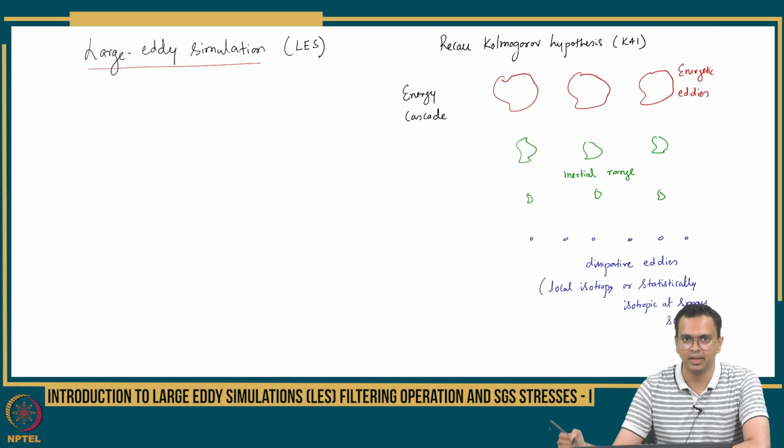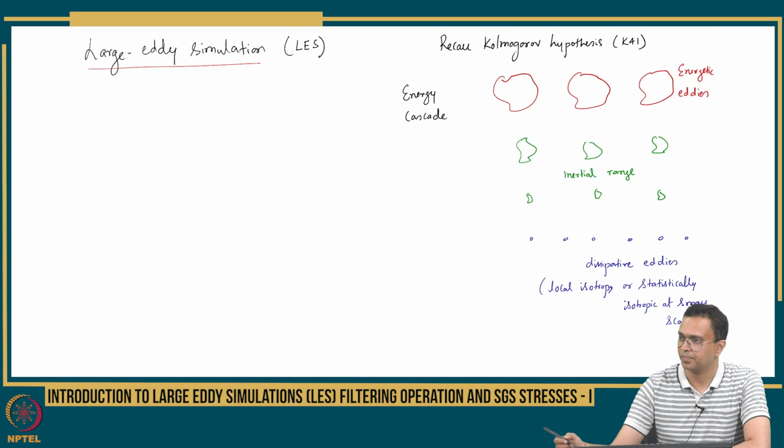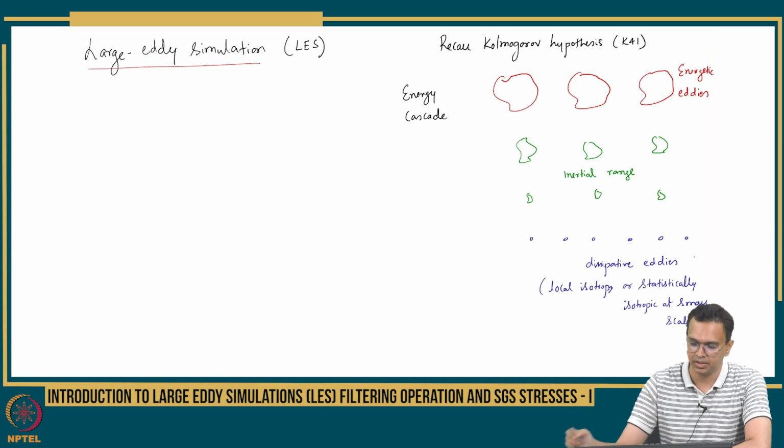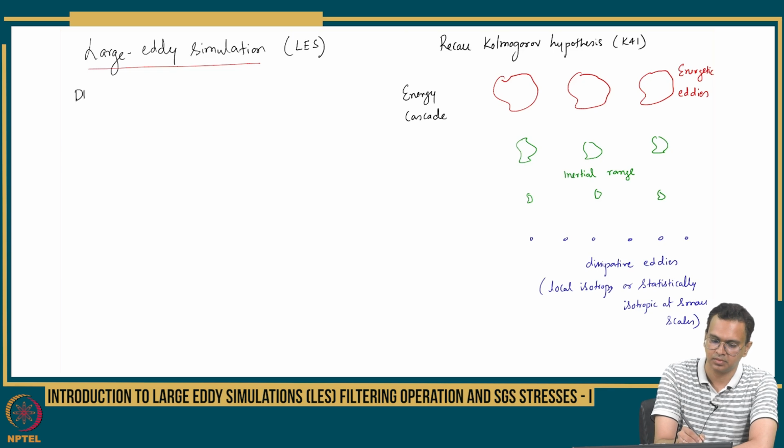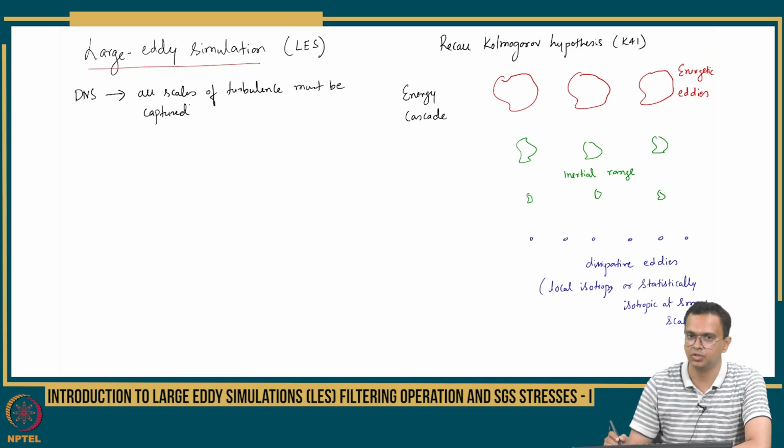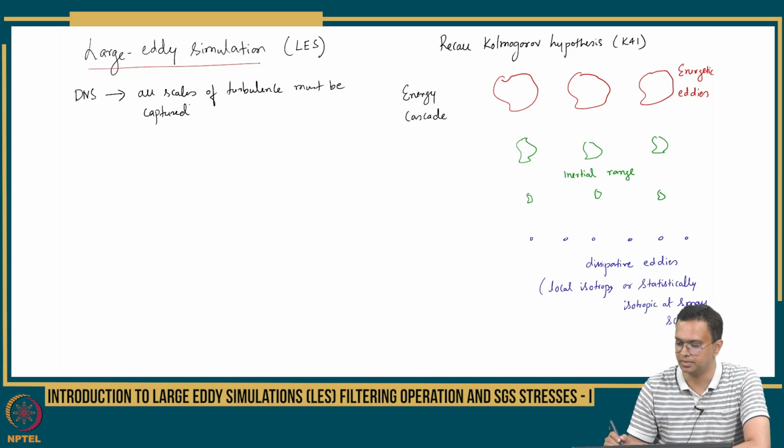This has a profound impact in LES. So the idea here is that as against direct numerical simulations where you need to capture all the scales of turbulence, right? In DNS, all scales of turbulence must be captured, computed using your temporal and spatial grid.